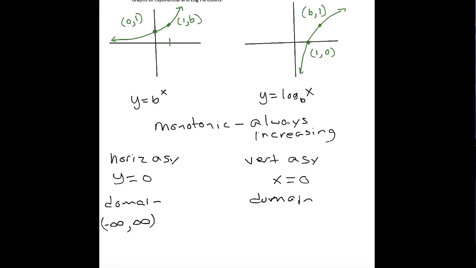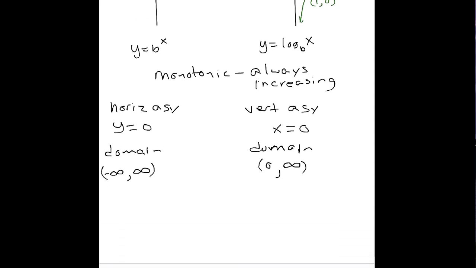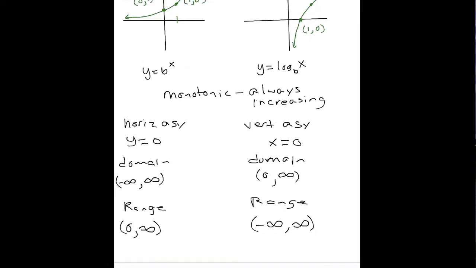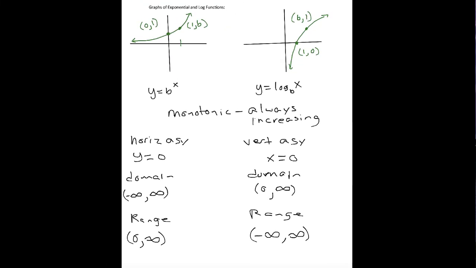And the domain over here is from 0 to infinity. And then the range on this one is from 0 to infinity, and the range on this one is negative infinity to infinity. I mean, they're truly inverses, so what's true for one is the opposite is true for the other.